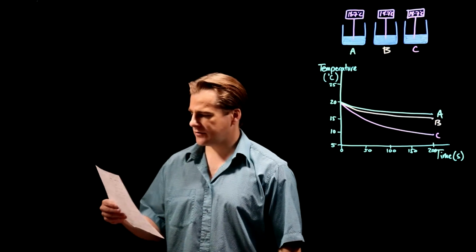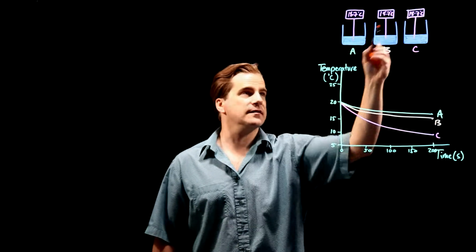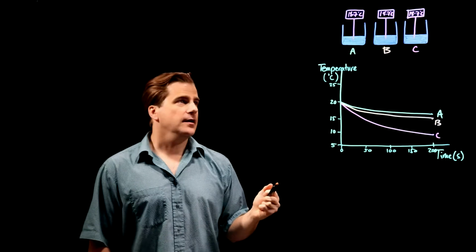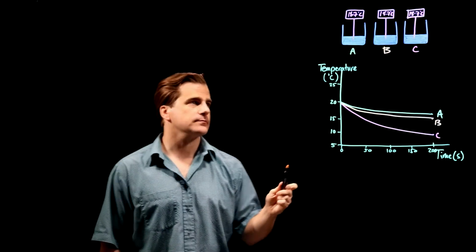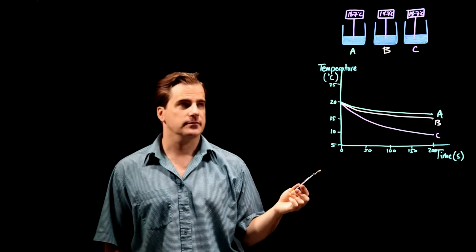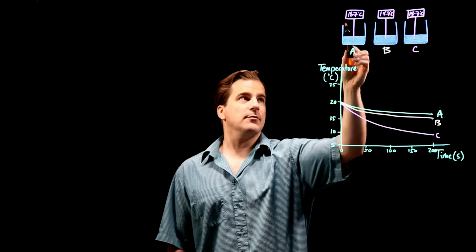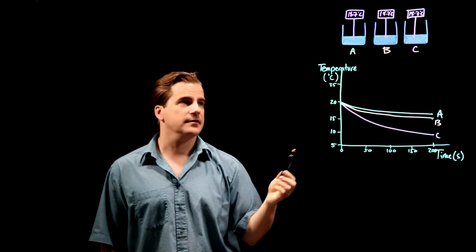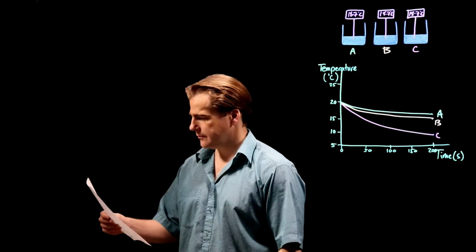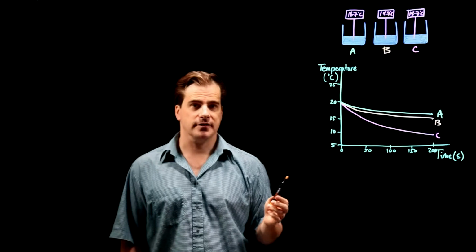Give two advantages of using a data logger to measure temperature instead of a thermometer. Two advantages. Okay, well, it takes a reading automatically. That's one thing. You don't have to remove the data logger in order to read it. And what else? Oh yeah, it's more accurate.